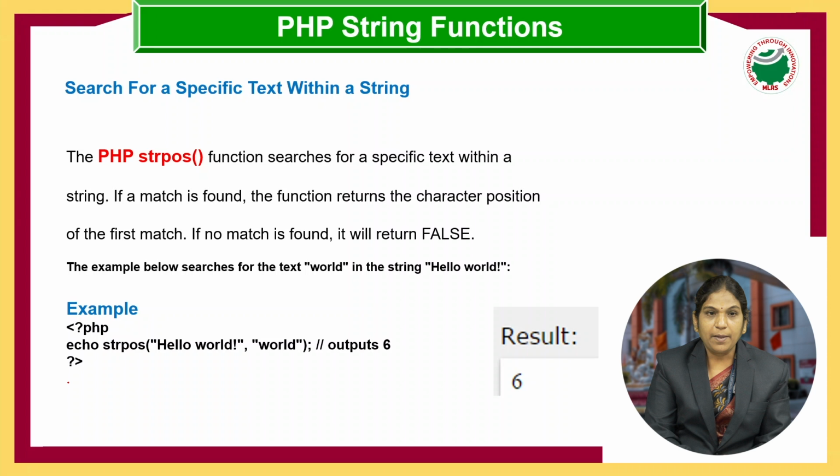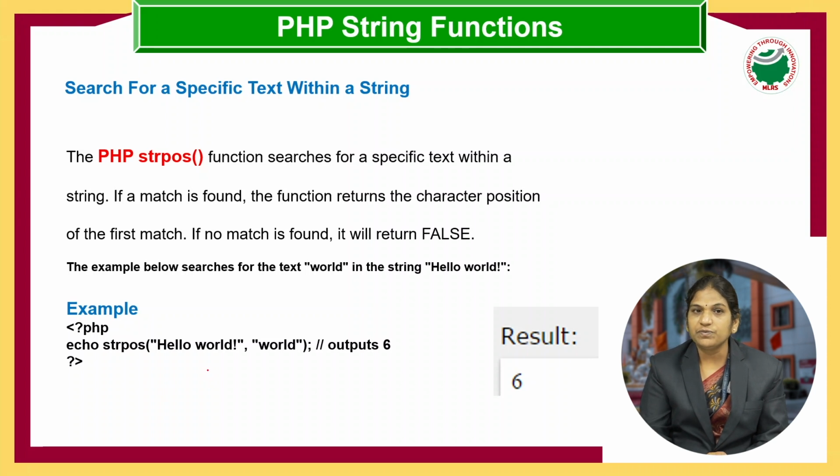For example, PHP tag echo strpos, the string position function, and "hello world", which is the string in which we want to search. Next, after a comma, we specify the word which we want to search. I have given here "world". So it is checking: H, not matching with W; E, not matching; L, not matching; L, not matching; O, not matching; next the space, no match; W, there is the match.